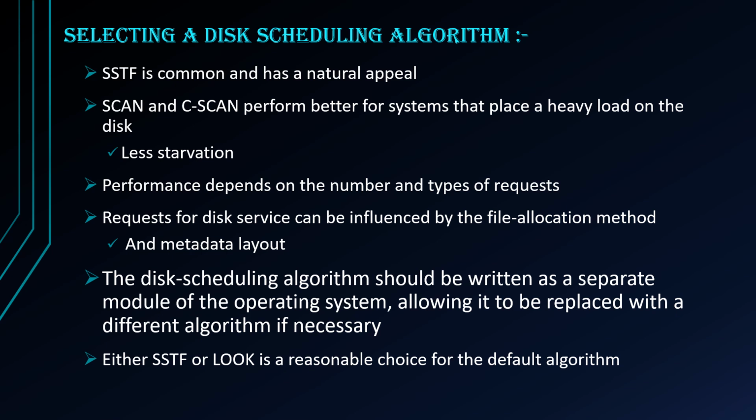And there are some other points which are useful for selecting a disk scheduling algorithm. And why is a disk scheduling algorithm needed? Disk scheduling algorithms are needed because a process can make multiple input output requests and multiple processes run at the same time. The requests made by a process may be located at different sectors on different tracks.